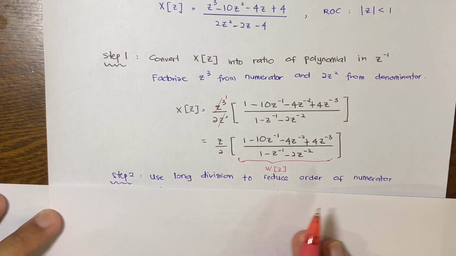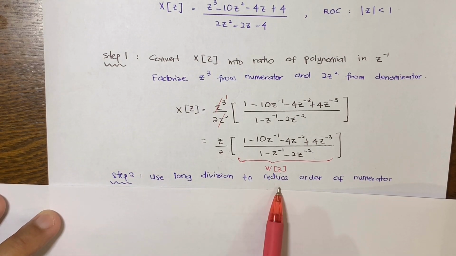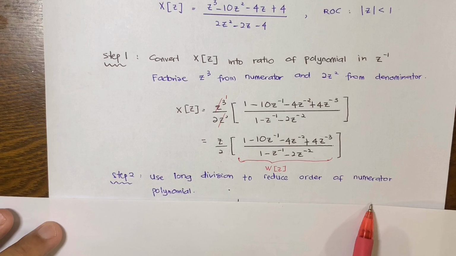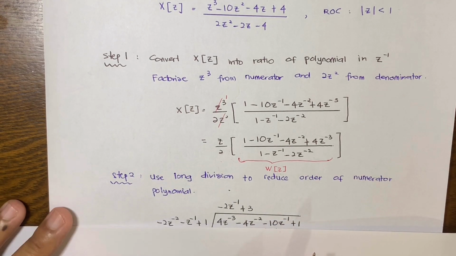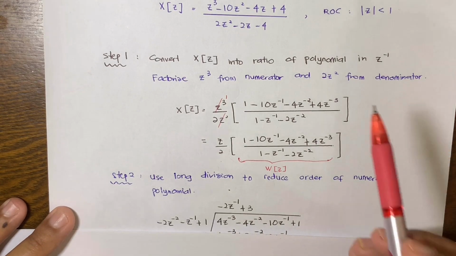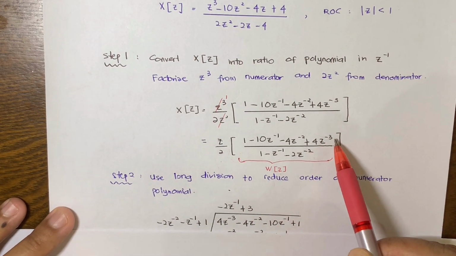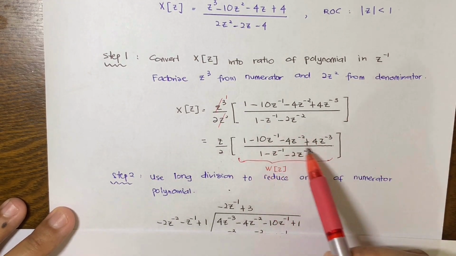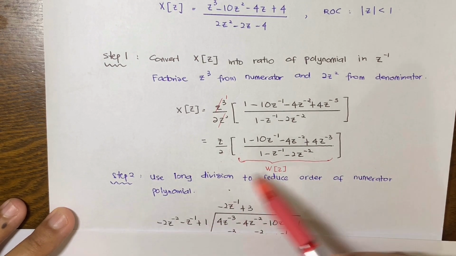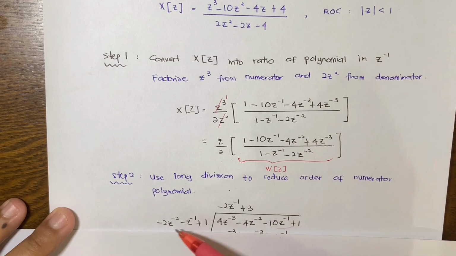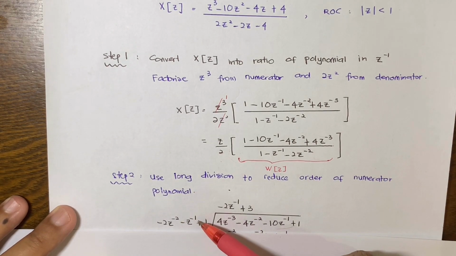Step 2 is you need to use long division to reduce the order of the numerator polynomial. So how to do the long division method? You know that this numerator is divided by the denominator, negative 2z to the power of negative 2 minus z to the power of negative 1 plus 1.